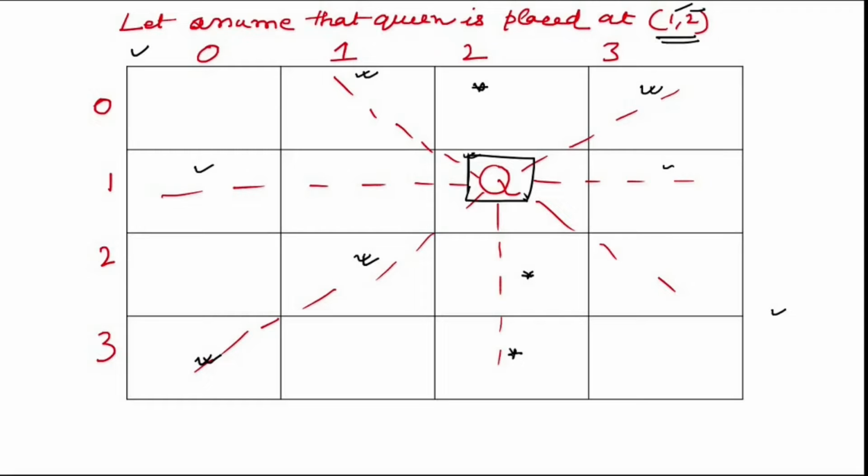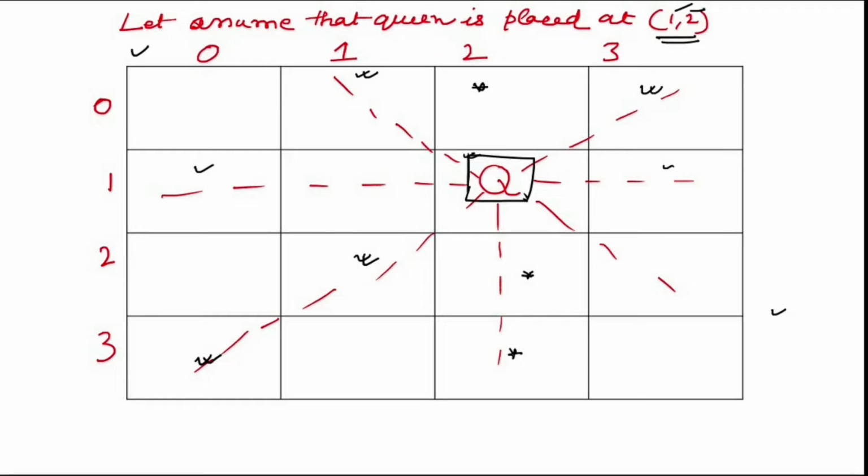So what are the options we have? Let's say we are placing our queen here, on this 4 cross 4 chessboard. Positions 1 and 2 we have placed. For this position (1, 2), you have to find which squares are under attack, and whether there is a similarity between them, so that we can have a recursive method on it.